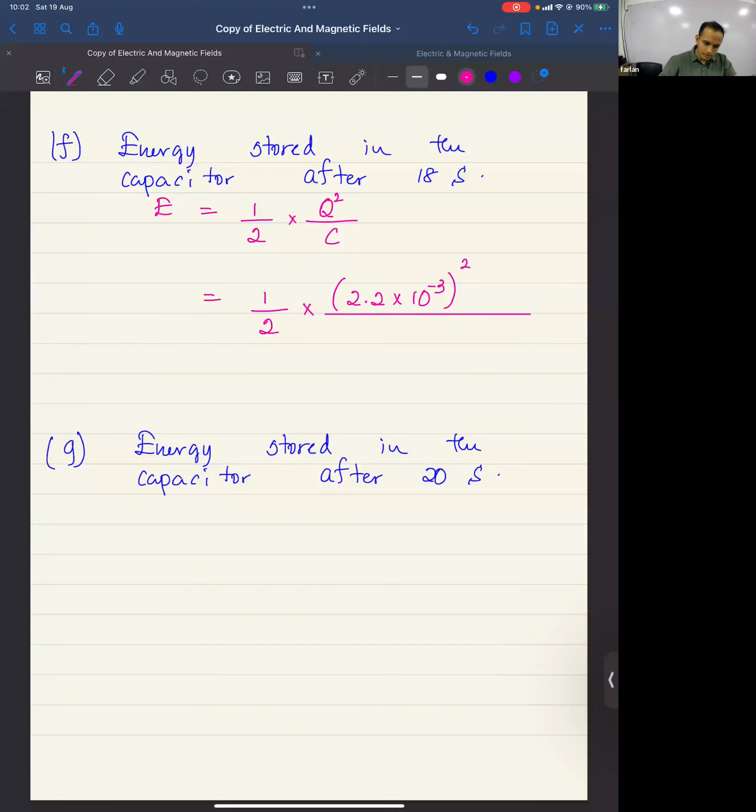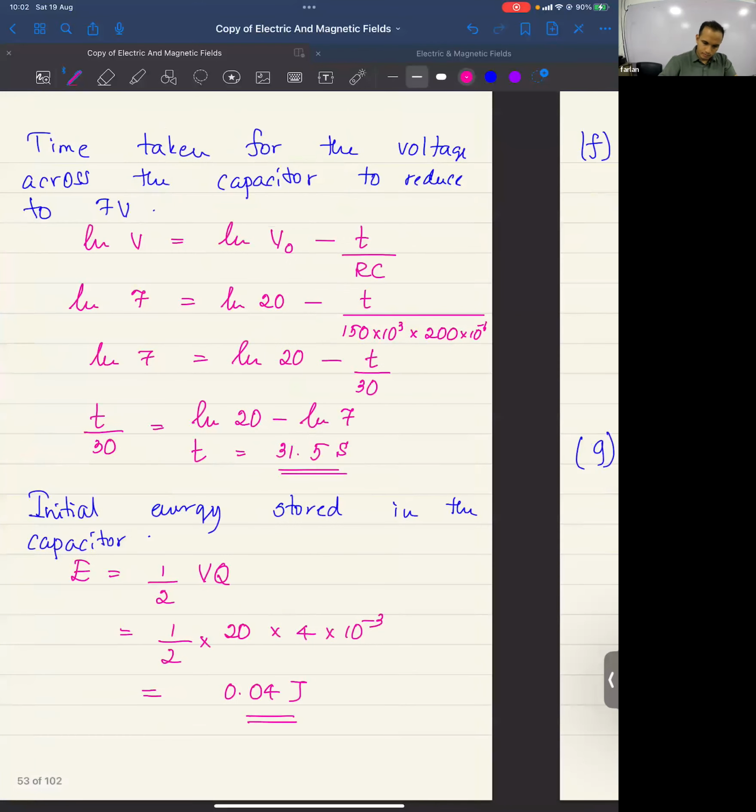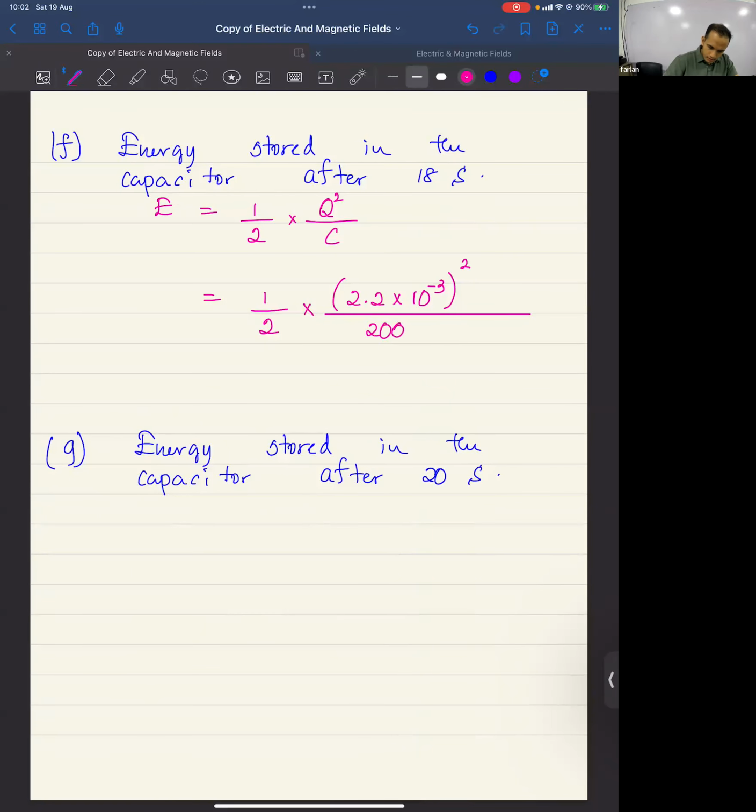And what is the capacitance? 200 into 10 to the power minus 6. Are you getting 0.0121? Yes.